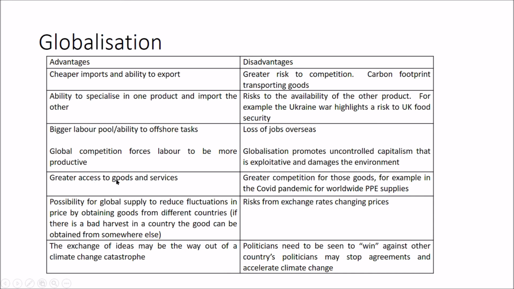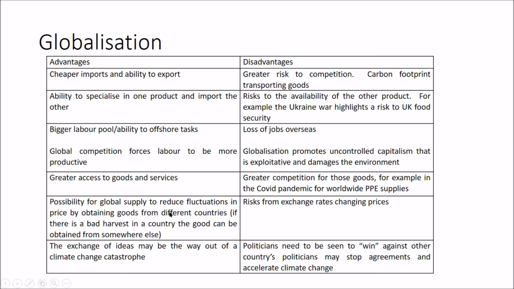Greater access to goods and services, in terms of that ability there, but obviously greater competition for those goods, especially when something happens like a COVID pandemic. Let's say we've got a worldwide COVID pandemic. Everybody's chasing PPE supplies across the world. We've got the possibility for global supplies. We can have global supply reducing fluctuations in price.